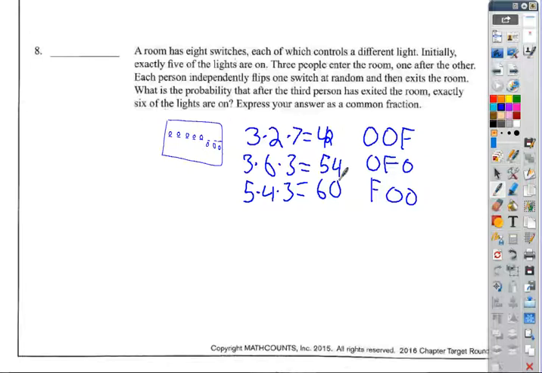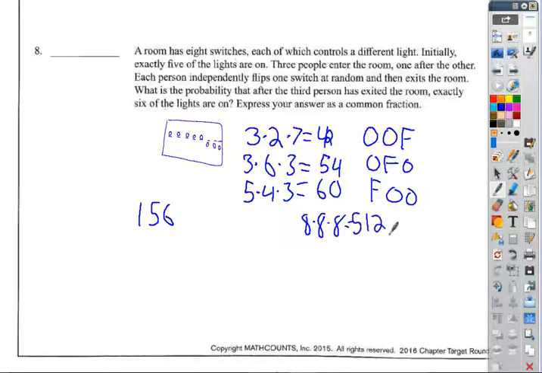Okay? So let's write that out as 156 ways that there could be 6 lights on after 3 people have come in. Well, how many possible ways for 3 people to come in and turn off and on the lights are there? Well, we know there are 8 choices, and there are 3 people. So 8 times 8 times 8 is equal to 512, I believe. Yes.